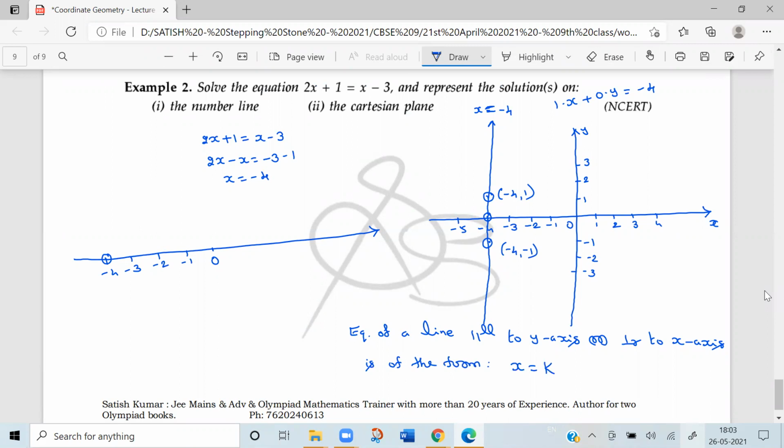If k is positive, it will be on the right side of the y-axis. If k is negative, it will be on the left side of the y-axis.